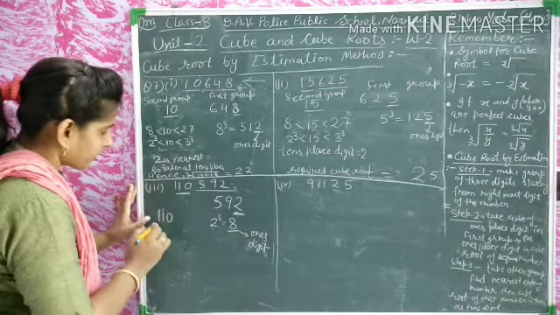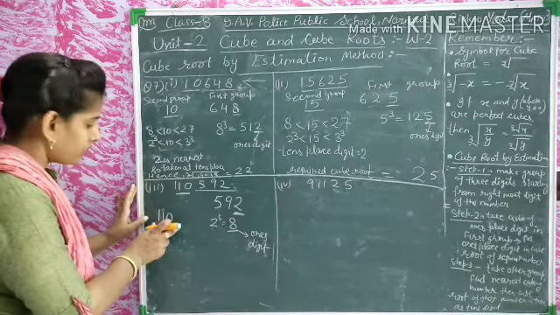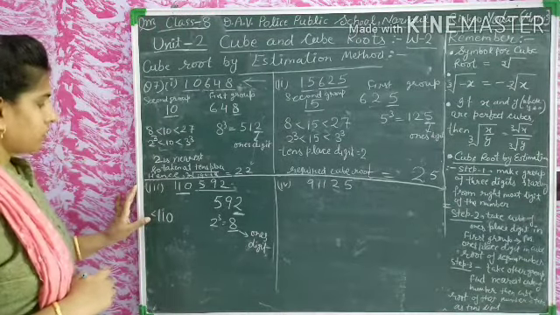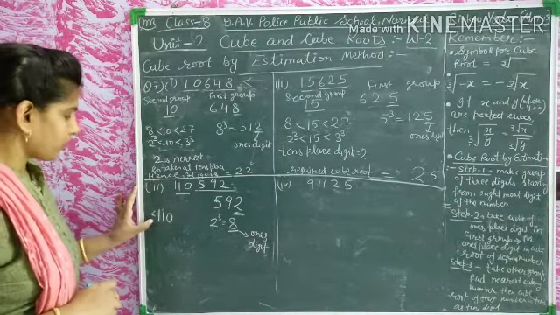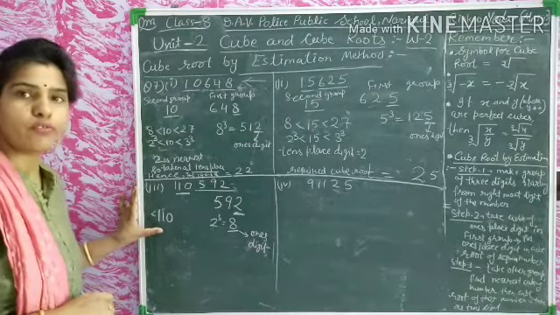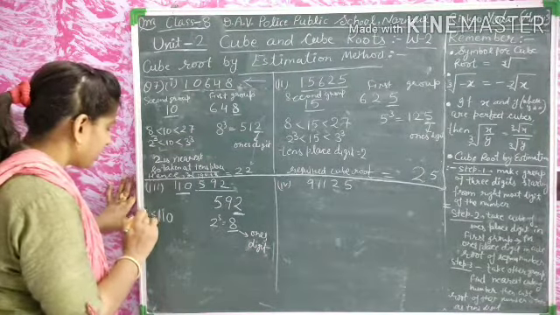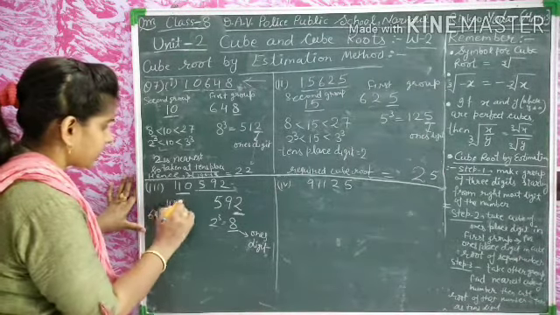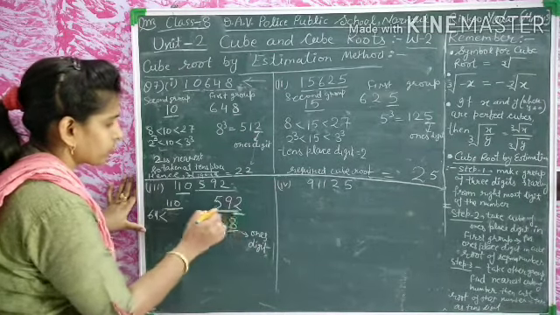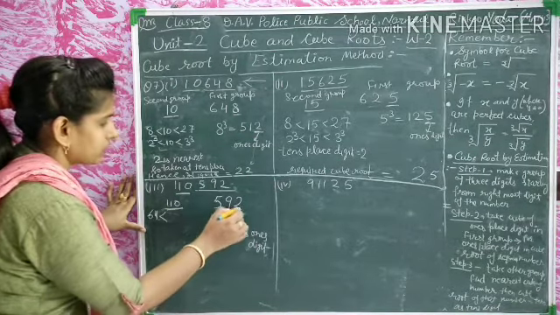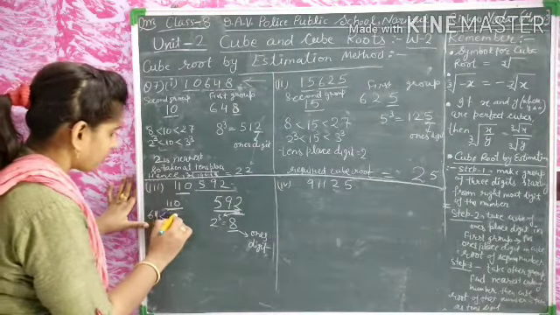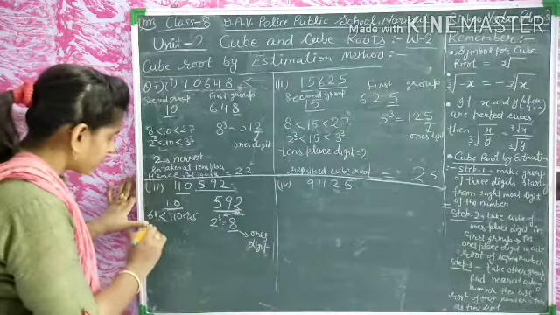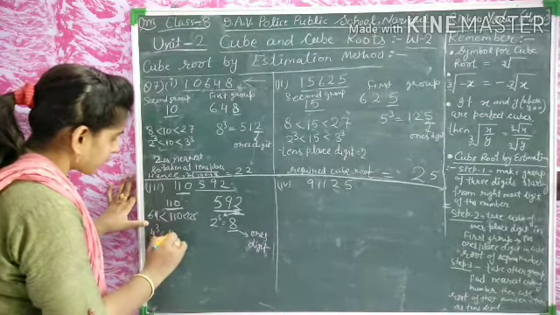Taking the numbers between which this 110 lies: 4 cubed is 64 and 5 cubed is 125. So 64 is less than 110, which is less than 125. Is it clear students? 4 cube is less than 110, which is less than 5 cube.